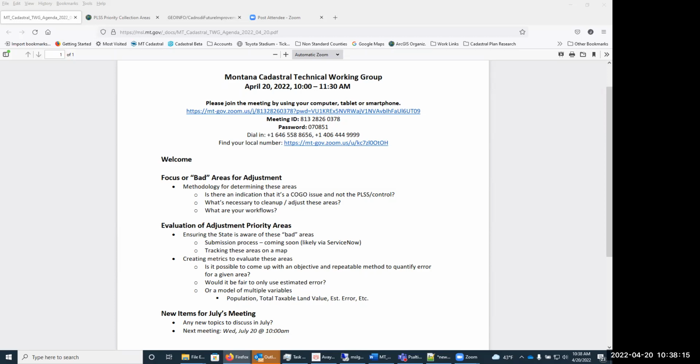That'll be coming, and then obviously that'll feed into some sort of map that'll be publicly available, so folks can see whether a particular area has already been flagged and whether it's on our radar. Does that help explain? Yeah, it does.